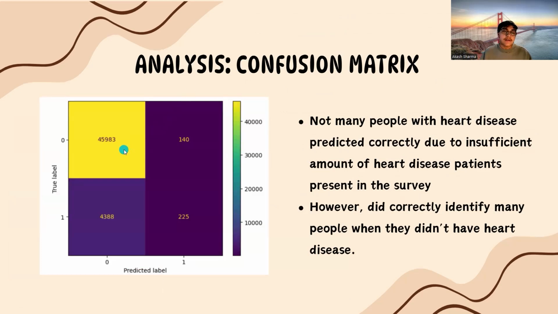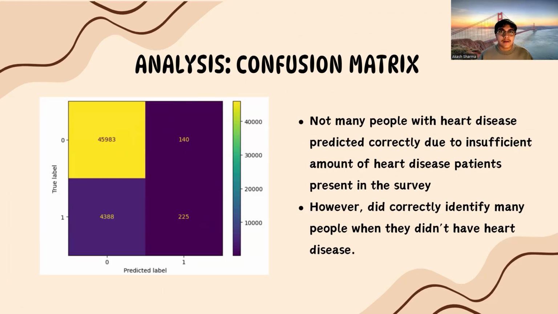As you can see here, the random forest classifier correctly predicted a lot of people who didn't have heart disease, but it wasn't able to do so good on the other side by predicting if someone did have heart disease. The reason for this is in how the BRFSS dataset was collected. The BRFSS randomly calls people and asks them if they have heart disease, and then it collects data from there.